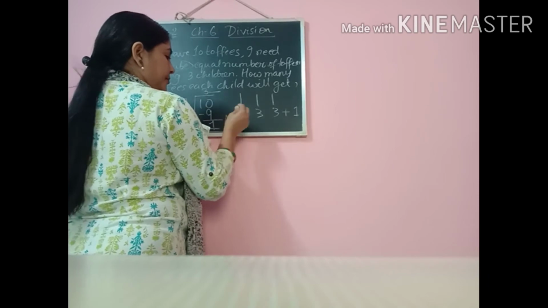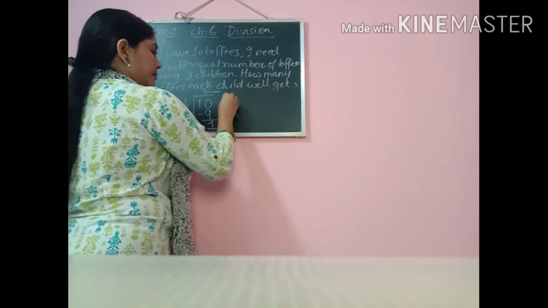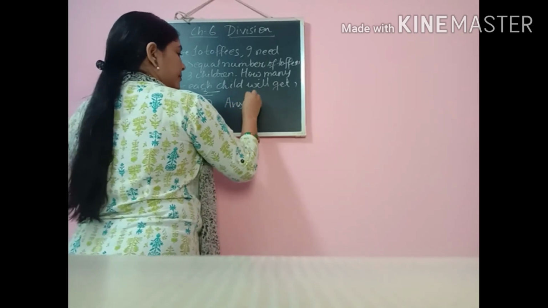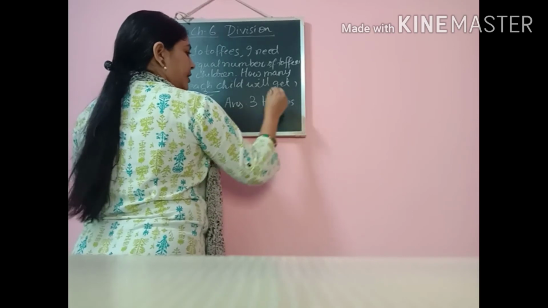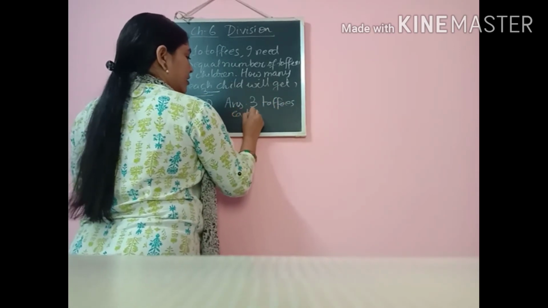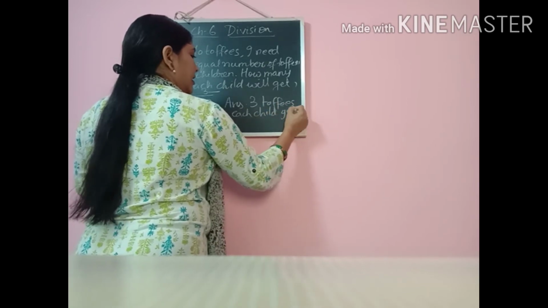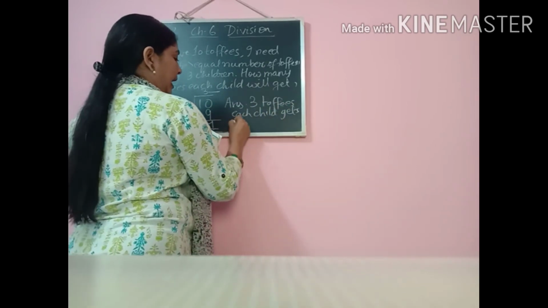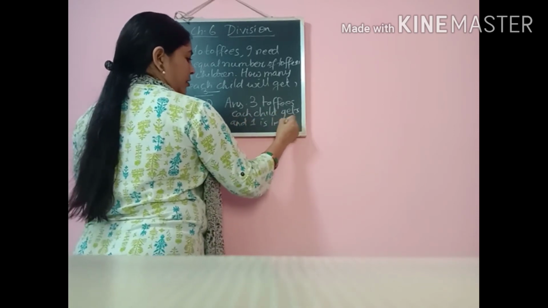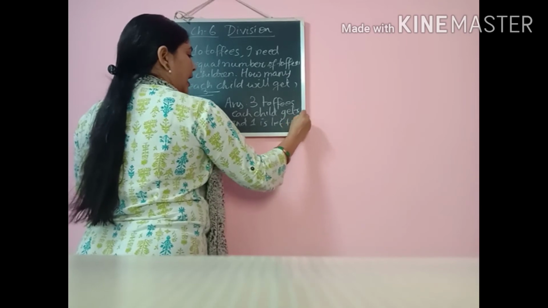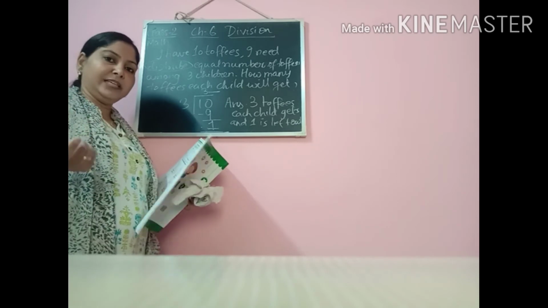Answer: Three toffees each child gets, and 1 is left out. Or you can just use the word remainder also, and 1 is the remainder.